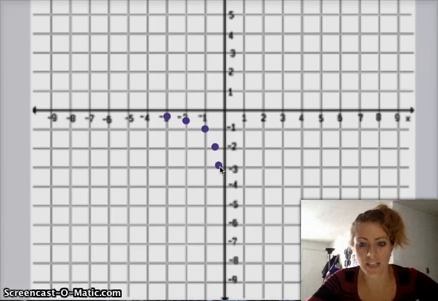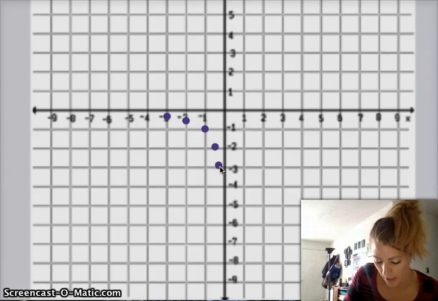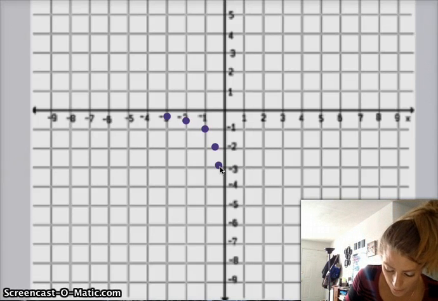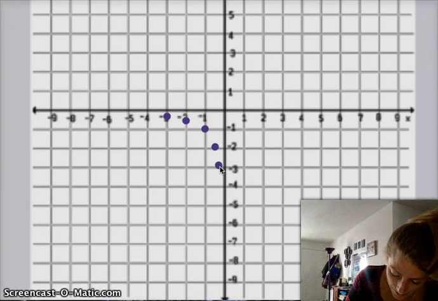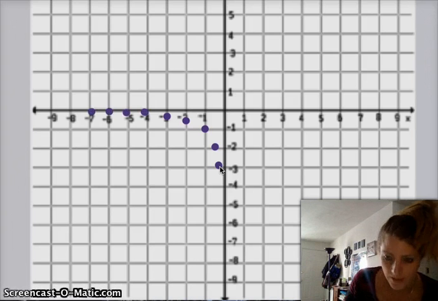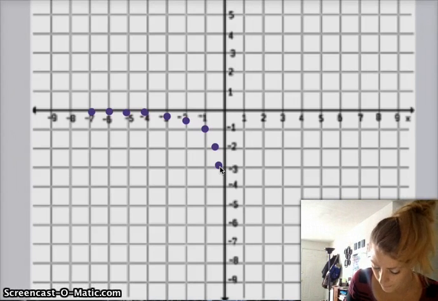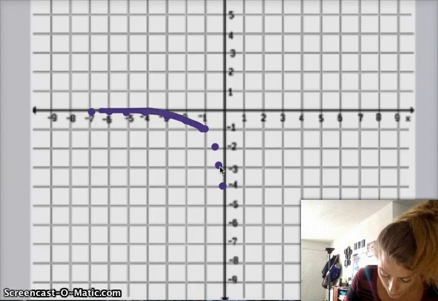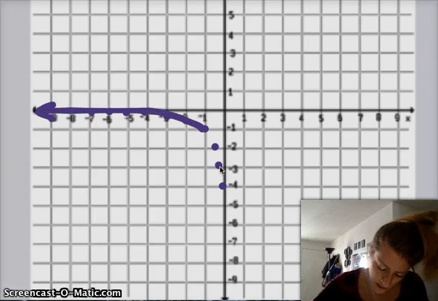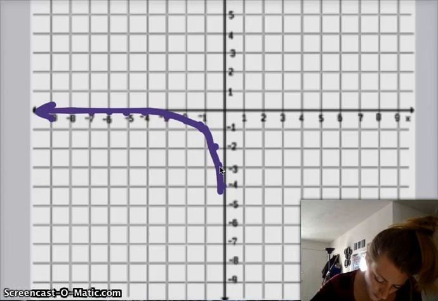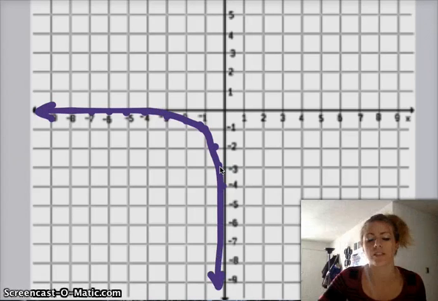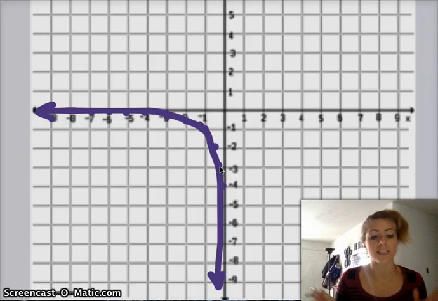Okay, now you can kind of see the trend here, right? The further I go negative, the closer I'm going to get to the x-axis, but I'm never going to actually hit it, even though it looks like it's hitting it. Same thing with the y-axis. So it kind of looks something like this, but it never actually crosses or touches the x-axis or the y-axis. My graph was just kind of bad. Okay, so that's the negative side.